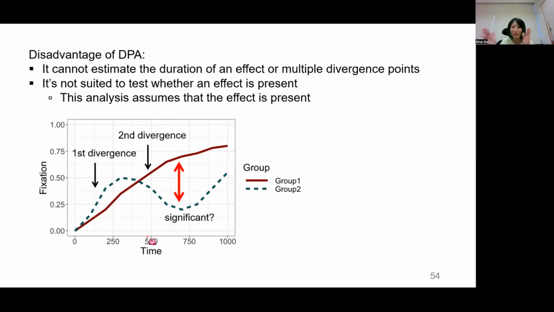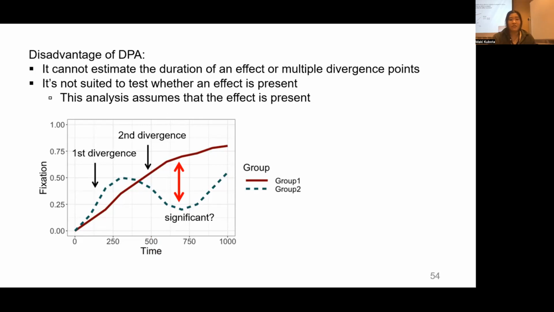So in this way, when the effect starts to occur, then you can use divergence point analysis to test an effect. But if you are interested in the y-axis difference, right? So when the condition attracted more fixation than the other, divergence point analysis cannot be used to test that. Yeah. Okay. I get that, because it depends on what effect we're interested in. Sorry, I was a bit unclear on that. Thank you.